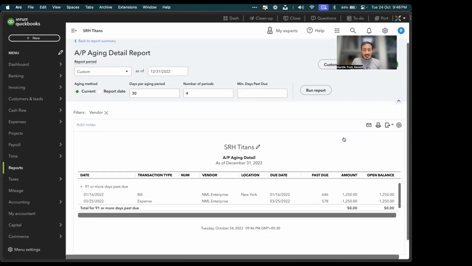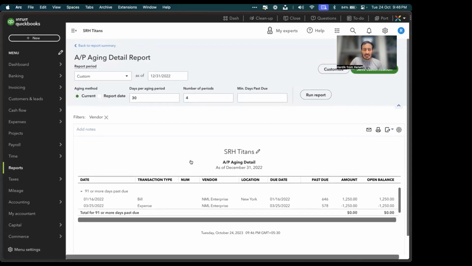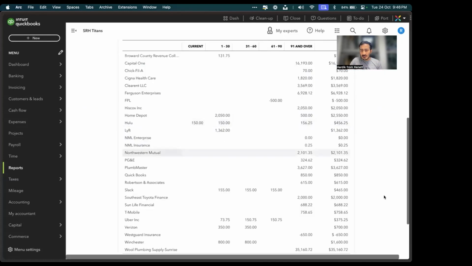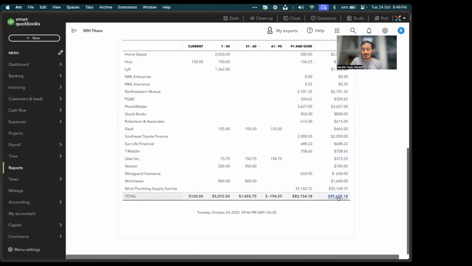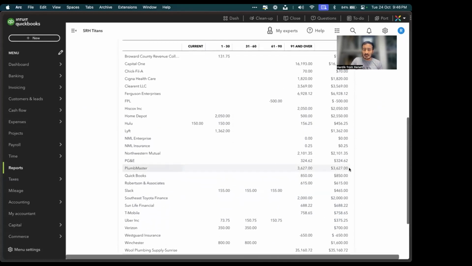While it does not make your aging balance inaccurate, and it's not going to have any impact on this 89K, it's a good practice to not have any zero balance vendors here. So if you see any vendors with a zero balance, that means the bills or the payments are not applied against each other, and we should be applying that, right? So that's another point that we also check here.